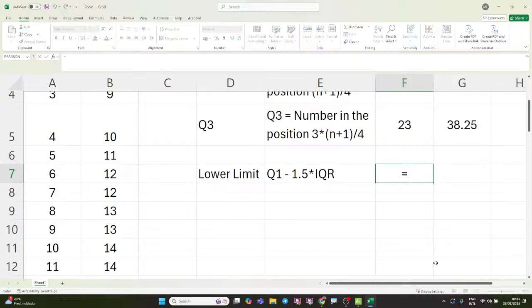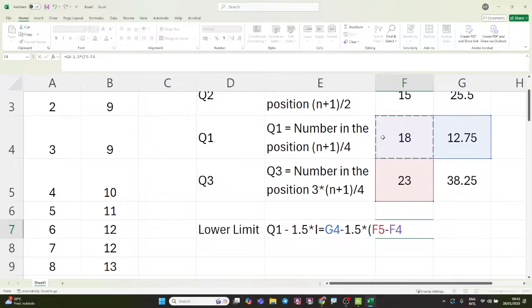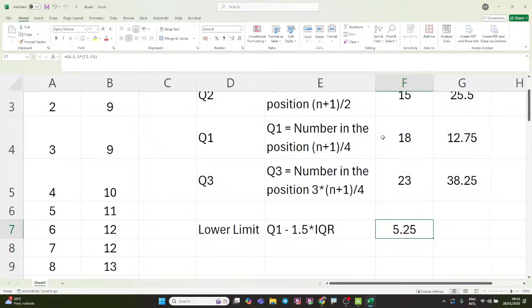Q1 minus 1.5 times 23 minus 18, so we have 5.25.